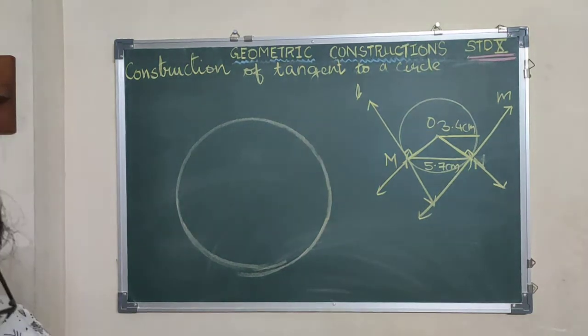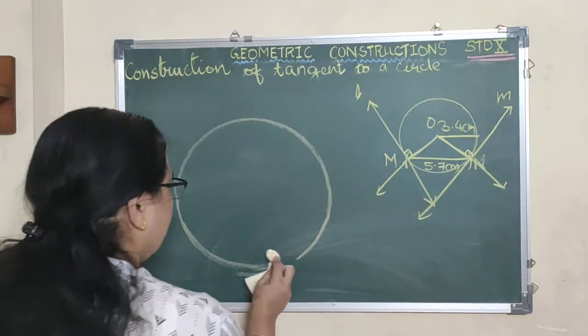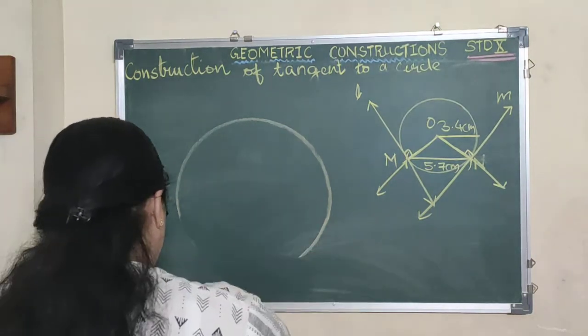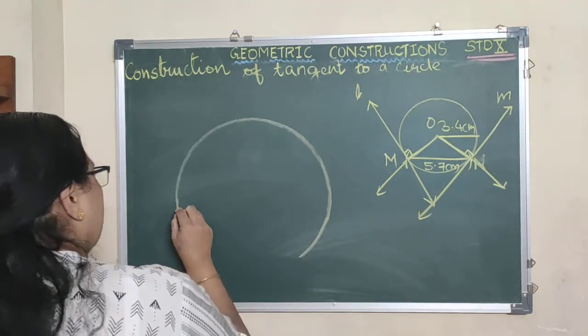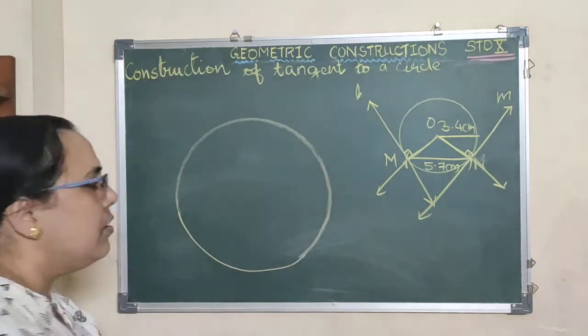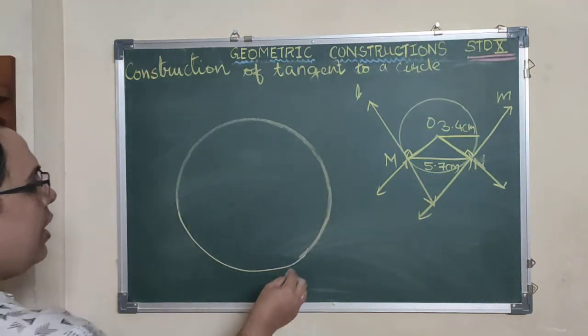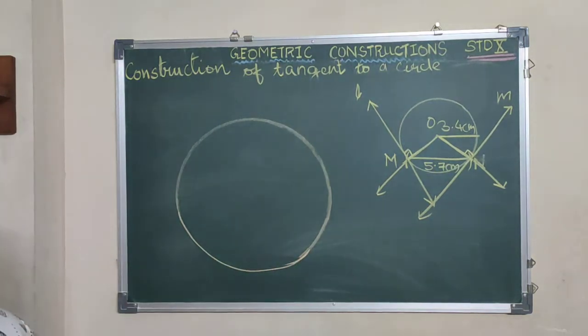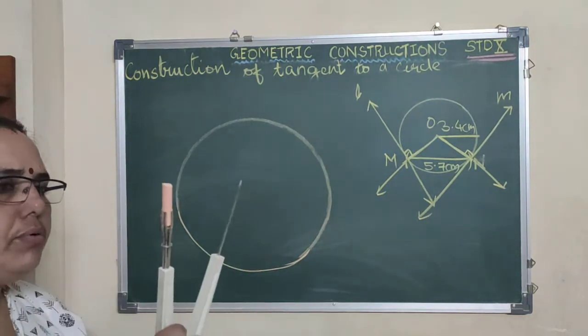So here I complete the circle. Yes, there is a little error. So I complete the circle. And to this circle I have to take a chord of 5.7 centimeters. For that, again you take your compass.